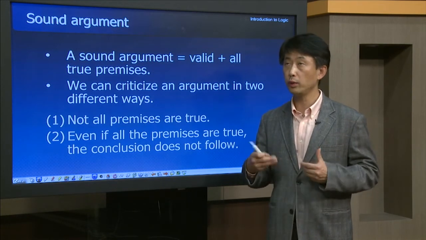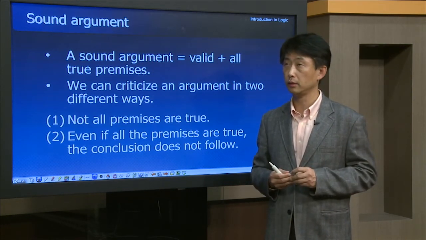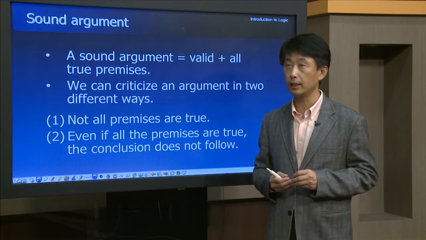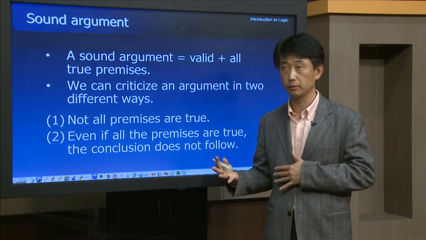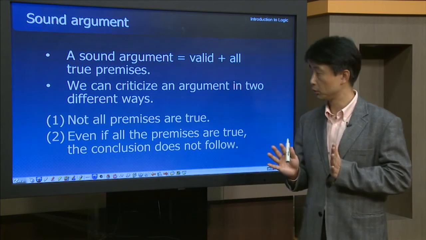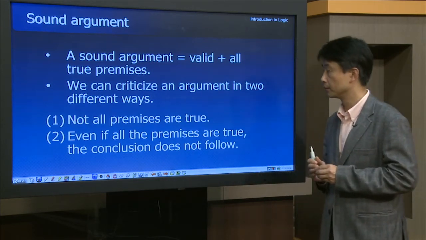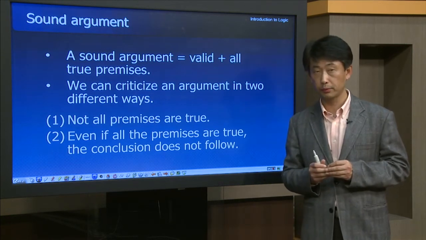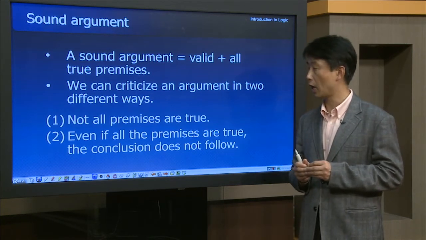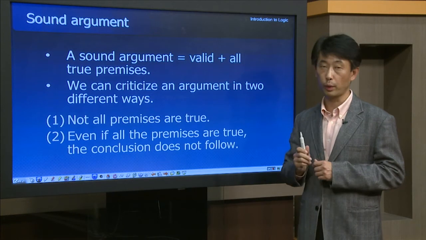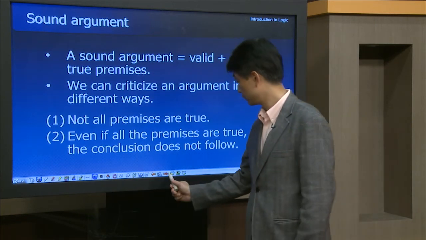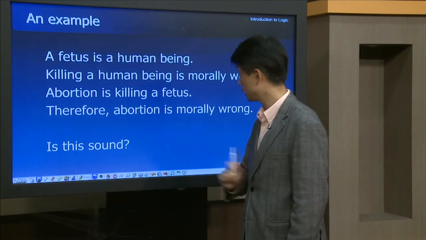In this course, we will learn techniques to prove that an argument is not valid in the later chapters. So for today, I want to look at another example of attacking an argument in the first way. Let's look at this one.